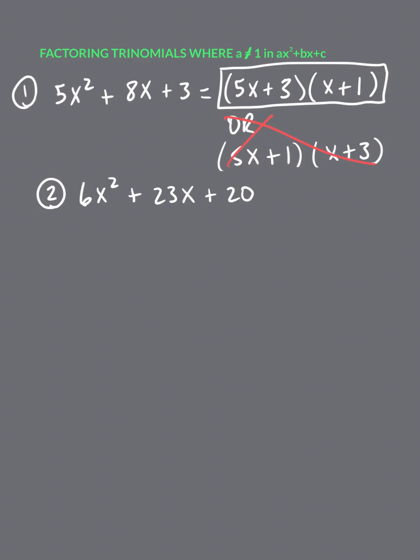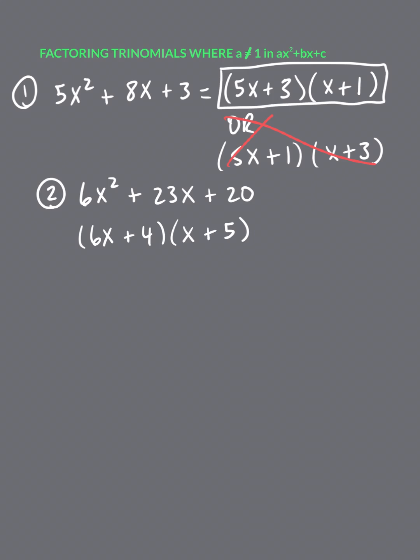So in this case, 6 has some factors, and 20 has a lot of factors. And so you could do guess and check and maybe see if you get lucky. So one of the options would be a 6x and an x to make 6x squared. And to make 20 might be like 4 and 5.